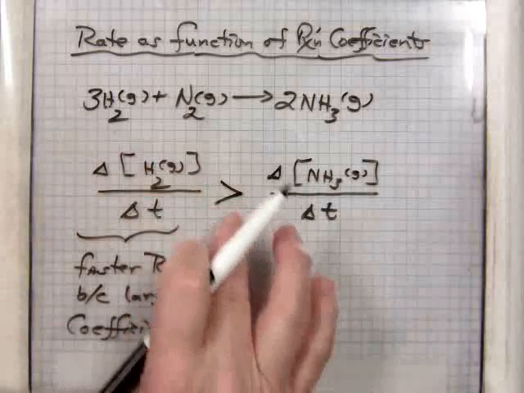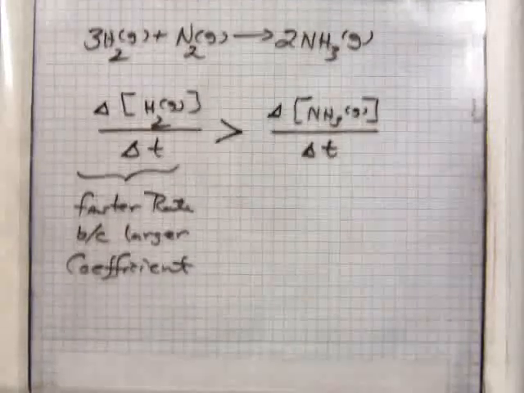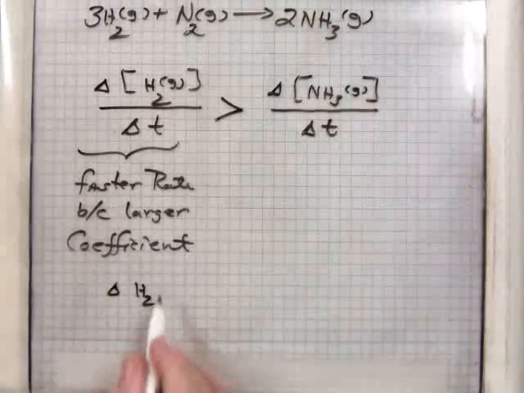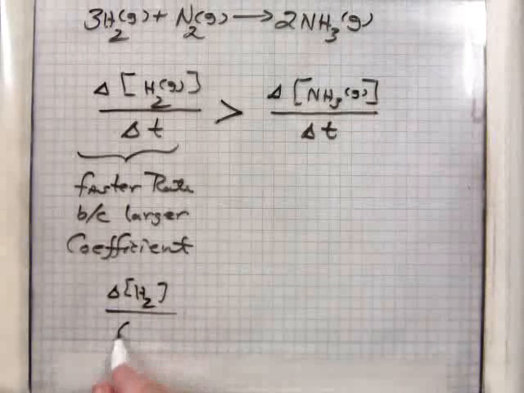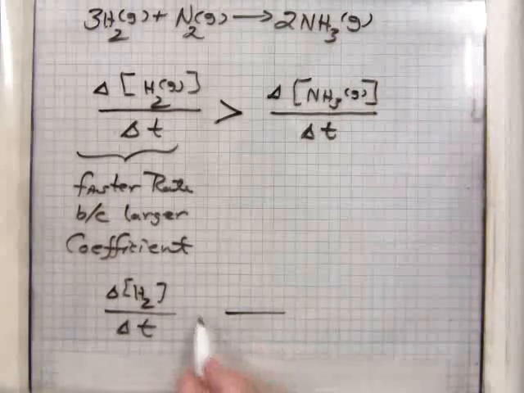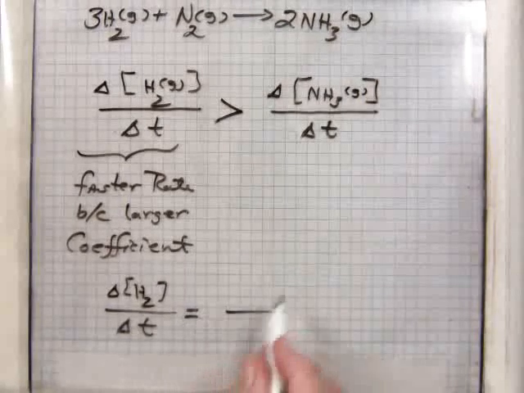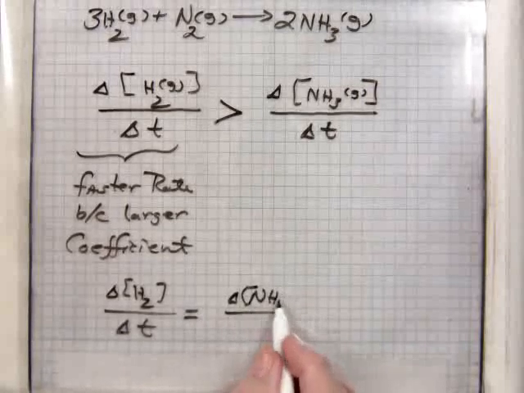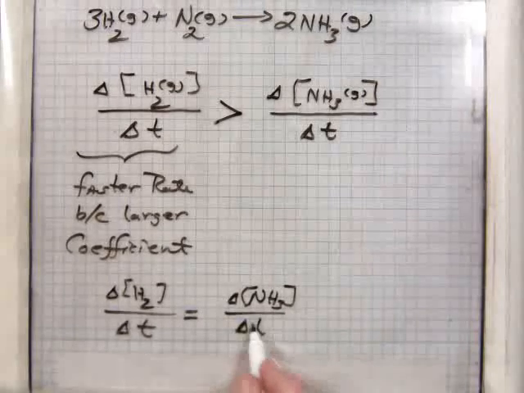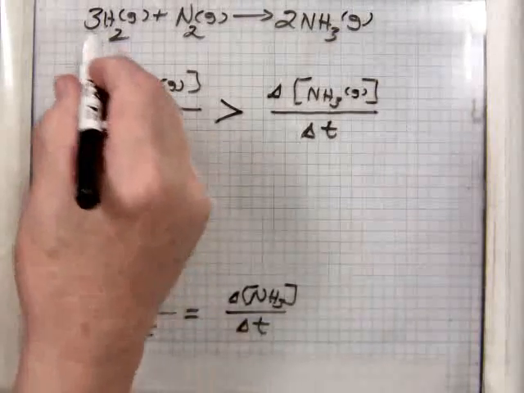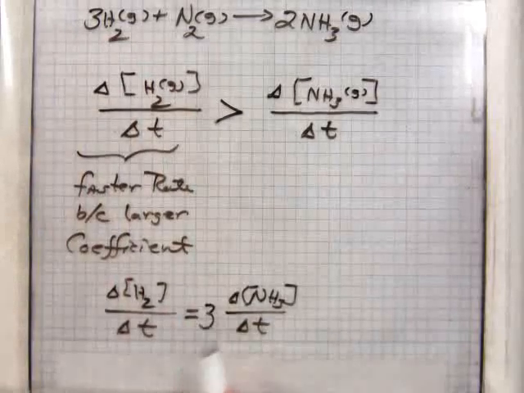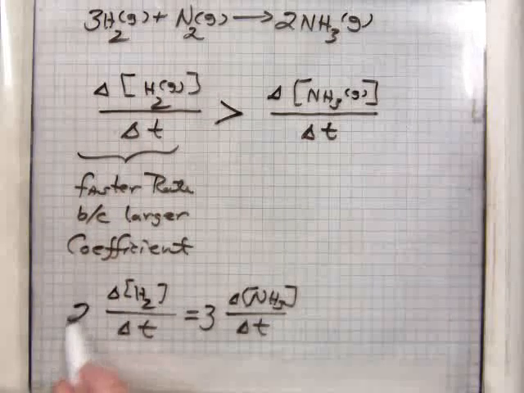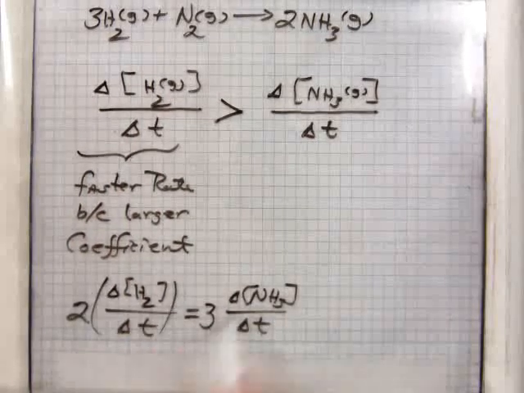So if I want to work this problem, I'll move it up here, then I would write delta hydrogen over change in time, and I'll set that equal to change in ammonia, and swap coefficients. The 3 is attached to the hydrogen, so I'm going to put it by the ammonia, and now I can say it is equal to 2 times the hydrogen.